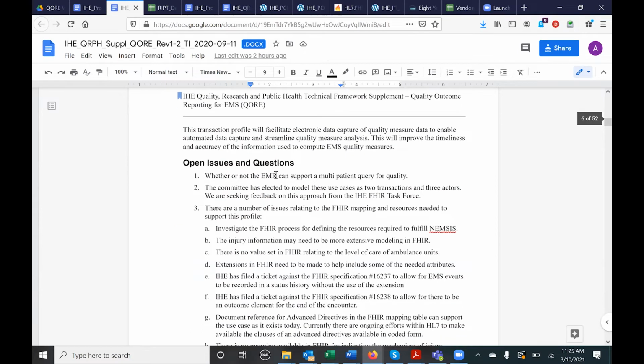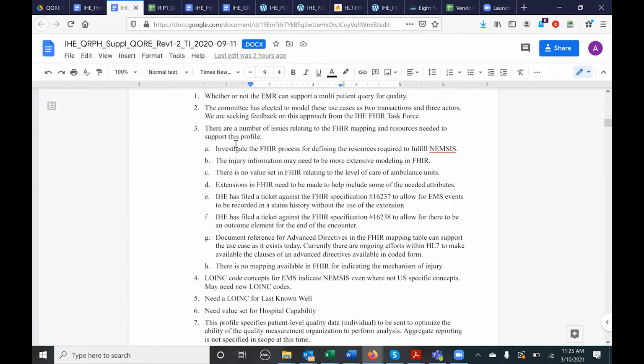And we have our list of open issues here. Our main open issues of concern are the FHIR locations that we put together for this, and they will change, I believe, based off of what we determine when we finalize some of the mapping in the paramedicine care summary, because this profile inherits some baseline information that comes from the PCS, and it is recommended that we have the PCS implemented first before this one.